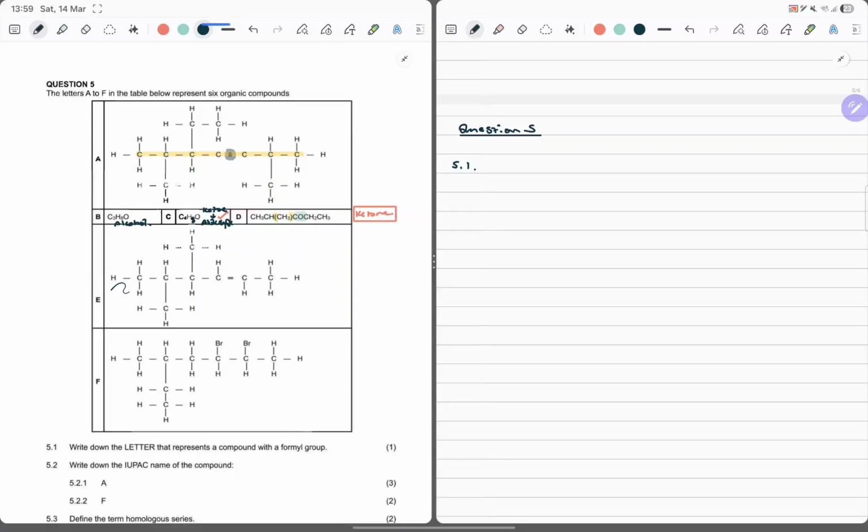All right, so we look at E again. We see that this is an alkene because of the double bond. Now let's find out the longest chain. 1, 2, 3, 4, 5, 6. How about we bend it? 1, 2, 3, 4, 5, 6. How about that? 1, 2, 3, 4, 5. It's even shorter.